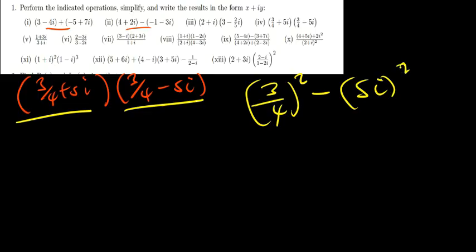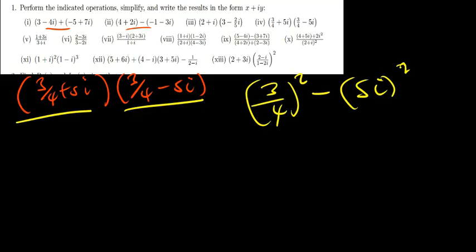What do I mean? 3 over 4, if I square it, minus 5i, then I square it, I'll end up having the same answer. So if you're multiplying a number by its conjugate, if you just square the one having negative, that is the answer.